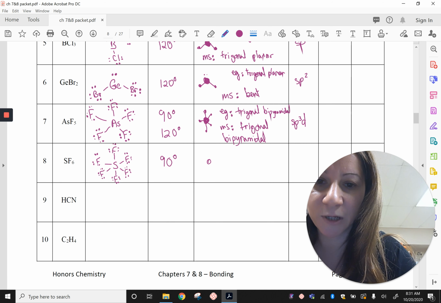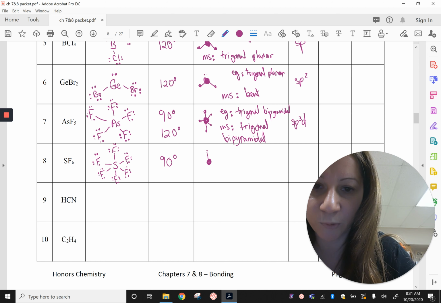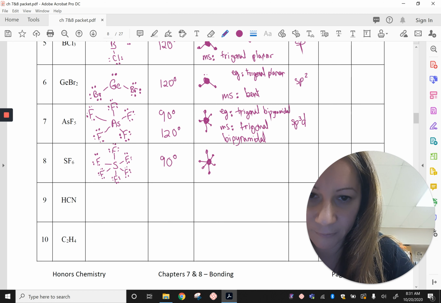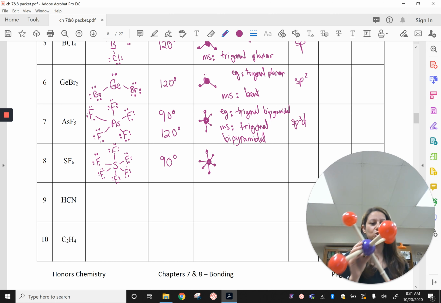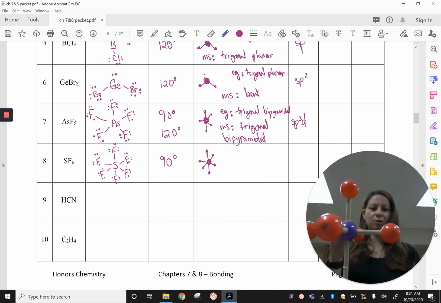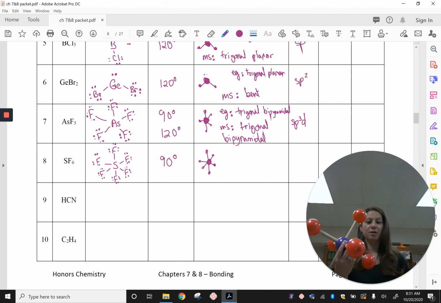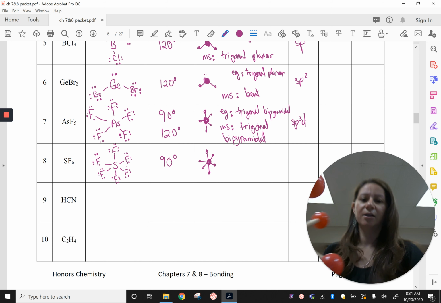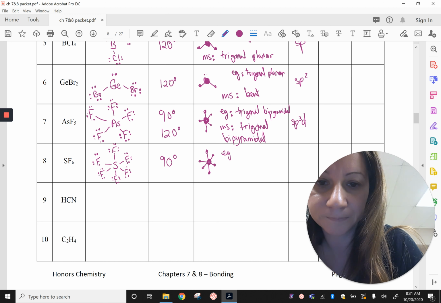This shape, we have a central atom, 1 up, 1 down, and then the other 4 make like a plus sign. This shape, both the electron and molecular geometry should be the same because all the electrons are in bonds, is called octahedral.